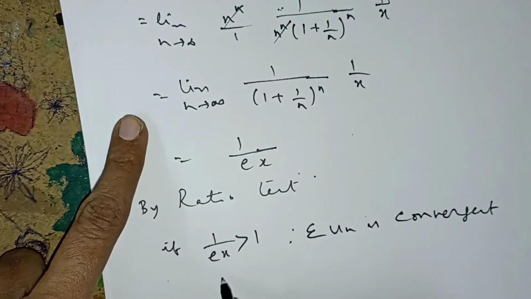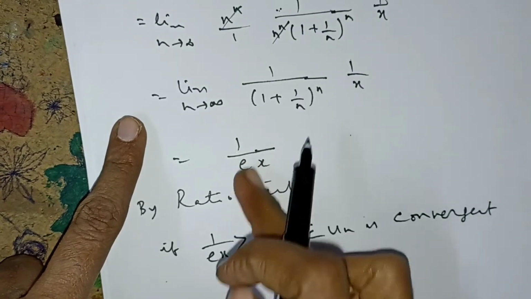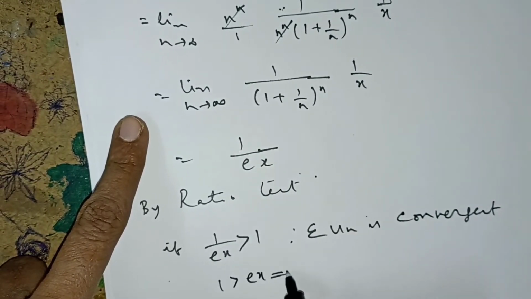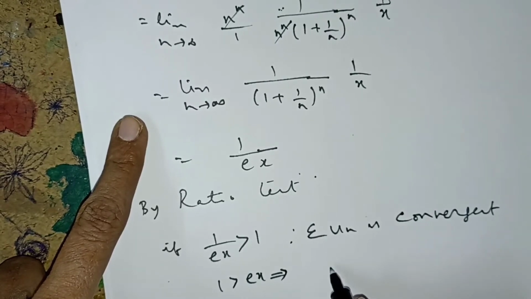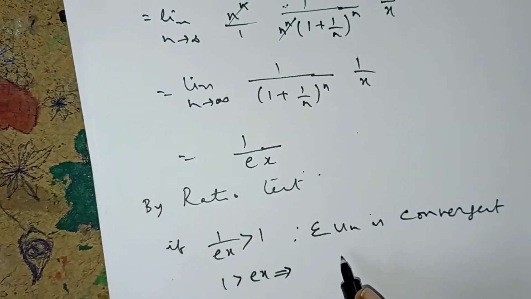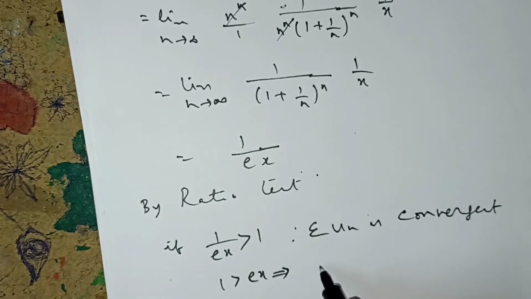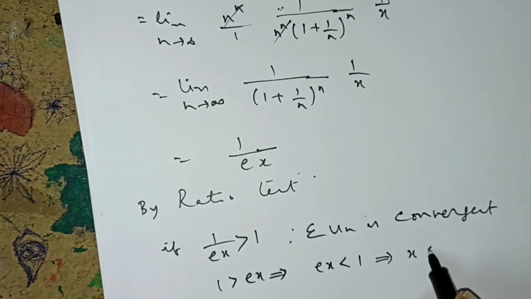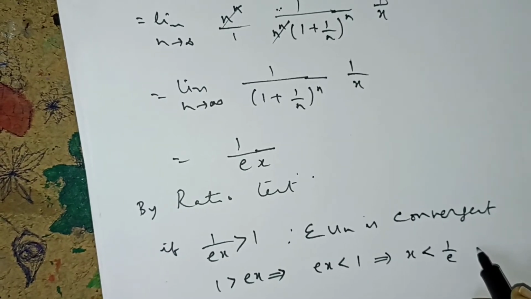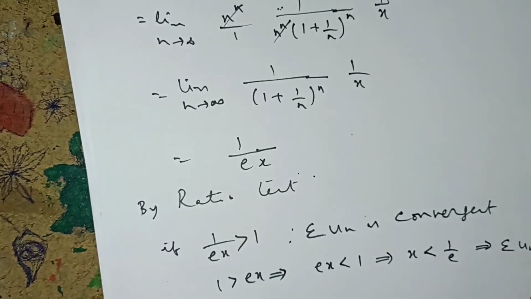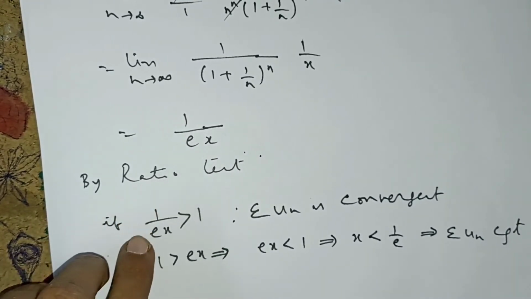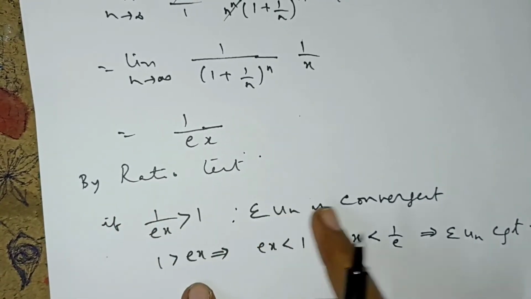What is the meaning of this? 1 is greater than 1 by ex is greater than 1, convergent. 1 is greater than ex implies ex is less than 1, implies x is less than 1 by e, implies sigma un convergent. CGT means convergent. 1 by ex is greater than 1, sigma un is convergent.